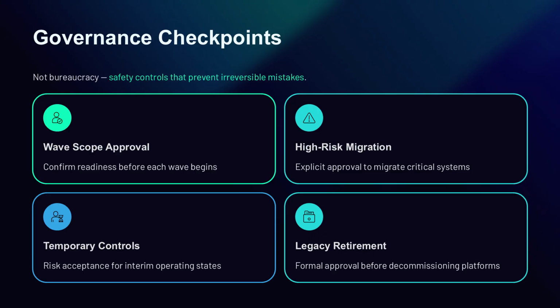These checkpoints are not bureaucracy, they are safety controls that prevent irreversible mistakes. They also create trust because leaders see that the plan includes controls and decision points rather than blind execution. When governance checkpoints are clear, teams can plan proactively and avoid late-stage approval delays.